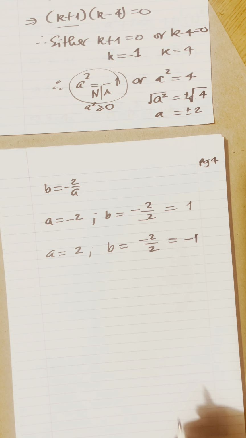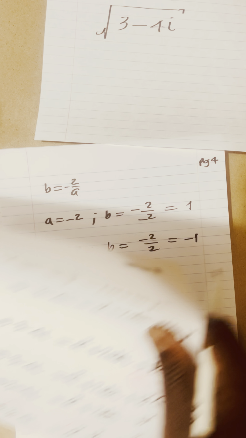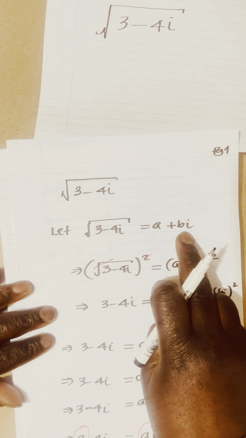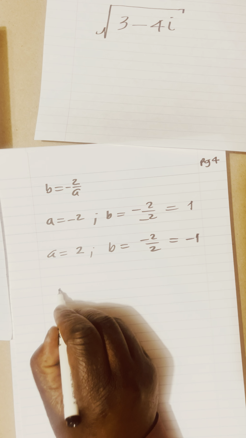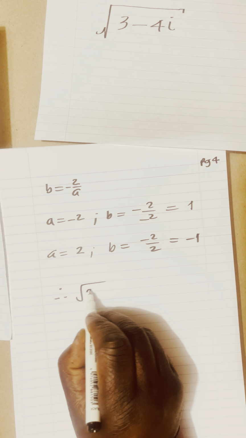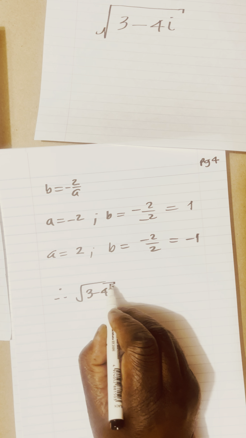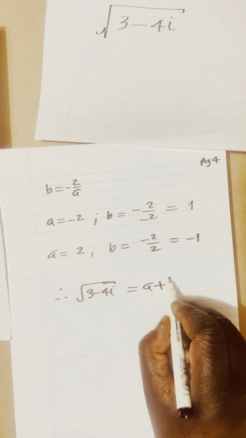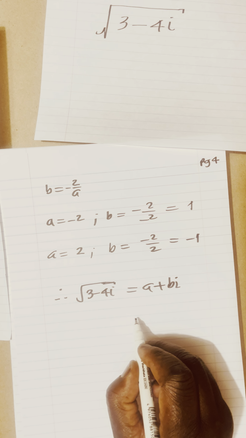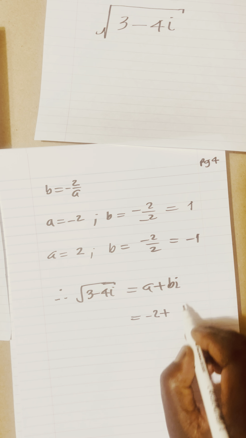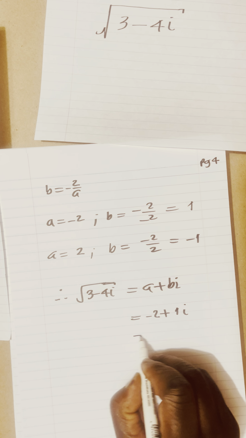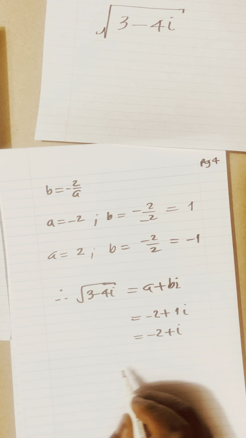So we must go back to page 1 now. What does page 1 say? Here is our page 1. Page 1 says that must be equal to that. So therefore, the square root of 3 minus 4i, which we said is equal to a plus bi, must be equal to, when a is minus 2, b is positive 1, minus 2 plus i.